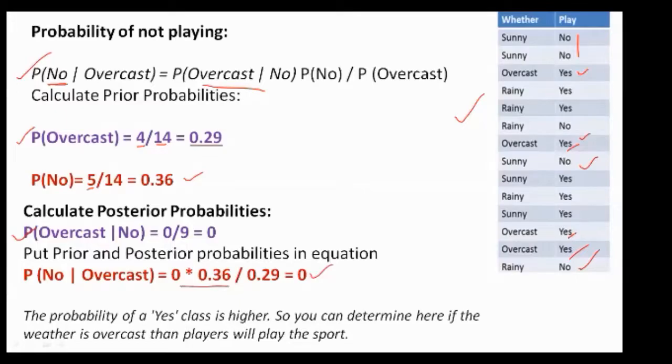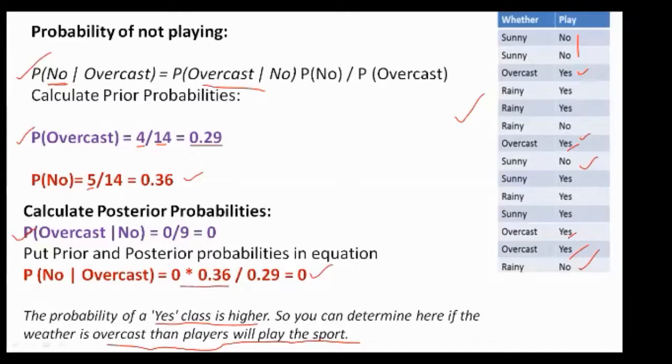So finally what you have to check is that the probability of the yes class is higher than the probability of no. So you can determine here that if the weather is overcast, then the player will play the sport. So from this probability you have to decide whether a player can play sport or not when the weather is overcast.